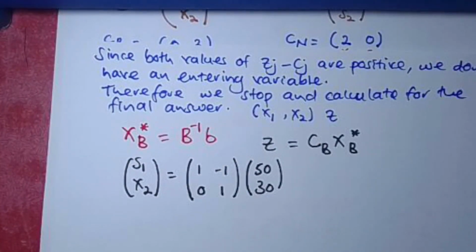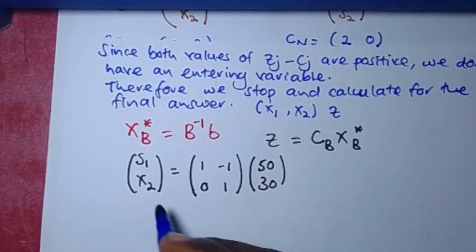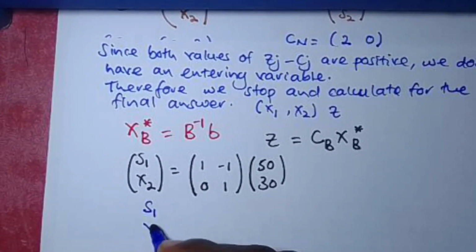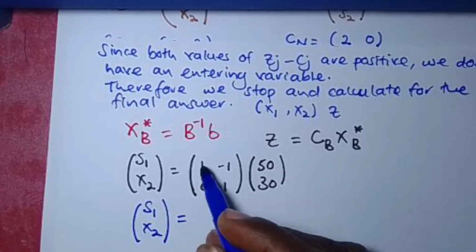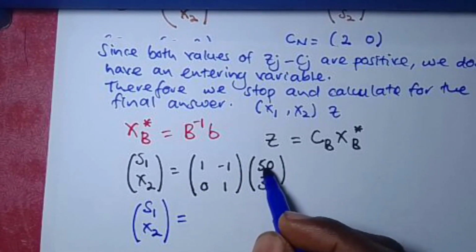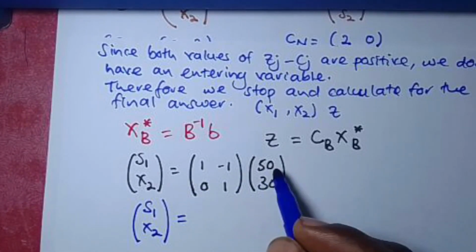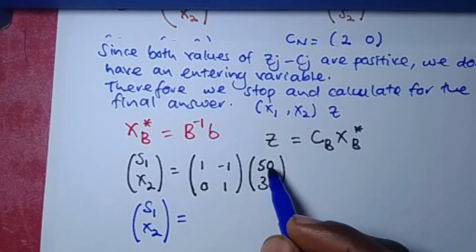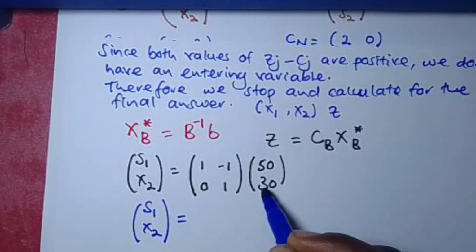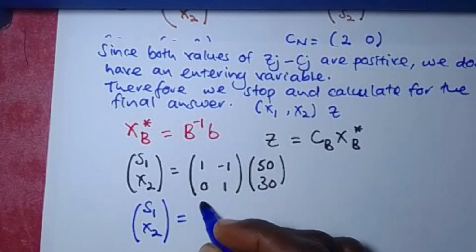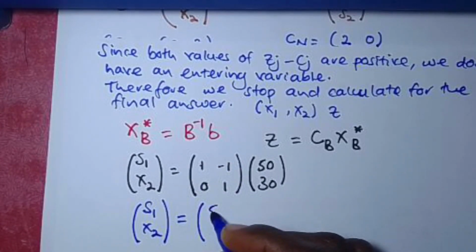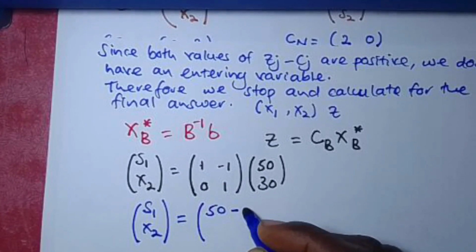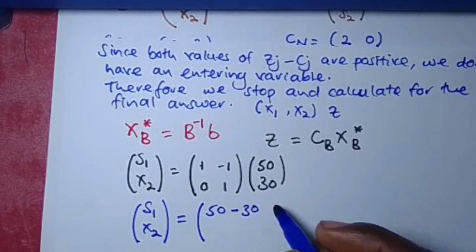So multiply through. So here we shall have that S1, X2 set is going to be equal to 1 times 50, which is 50, plus -1 times the 30, which is -30.